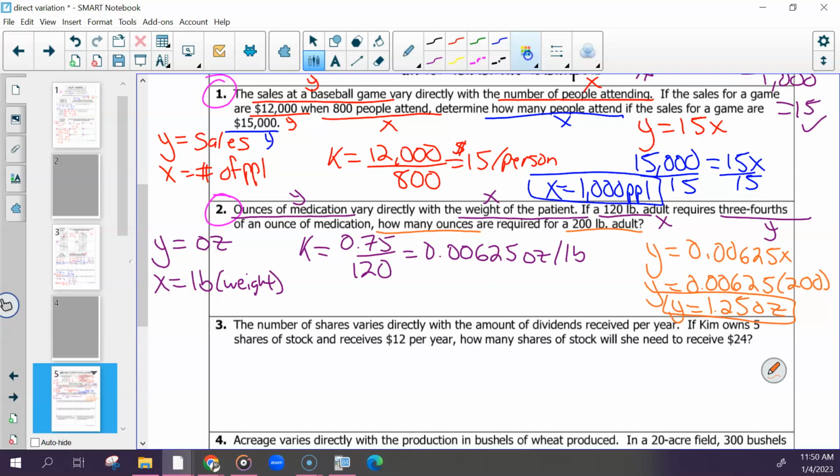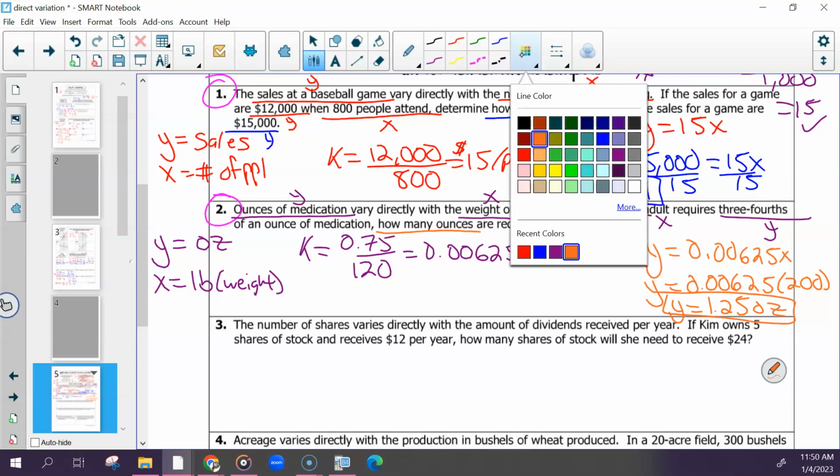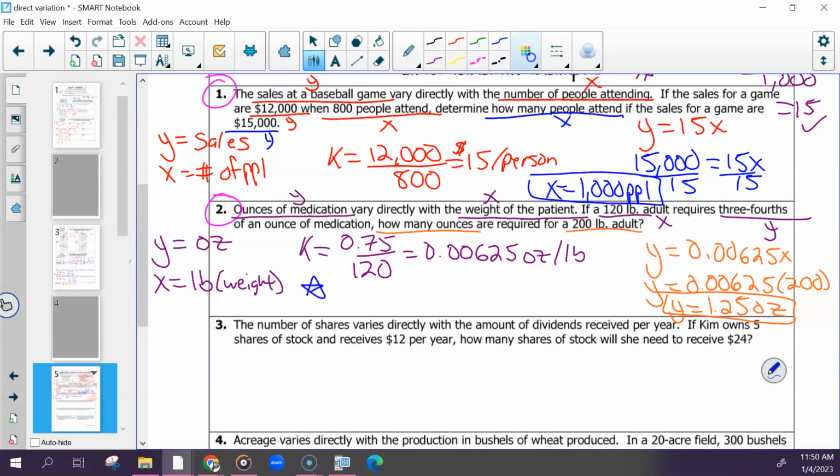Okay. Really quickly, especially because we have a lot of decimals, definitely double check your work. Because you may have missed a decimal or put too many by accident. If we do 1.25 over 200, we should get 0.00625.